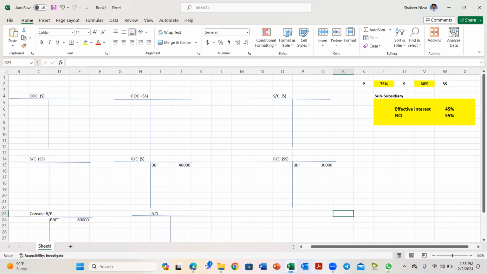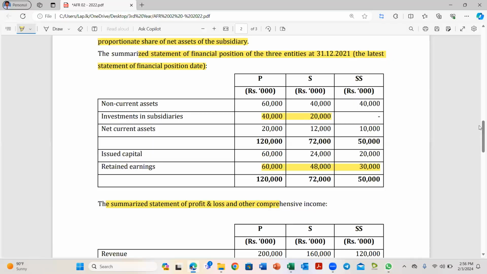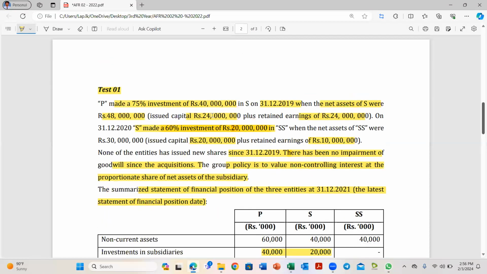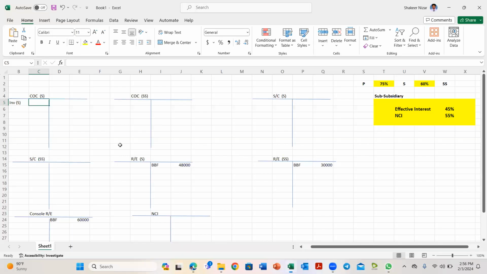So firstly, we want to recognize the purchase consideration, the investment in S. What is the investment? In order to acquire this, P made a 40 million investment. And we don't know the NCI.